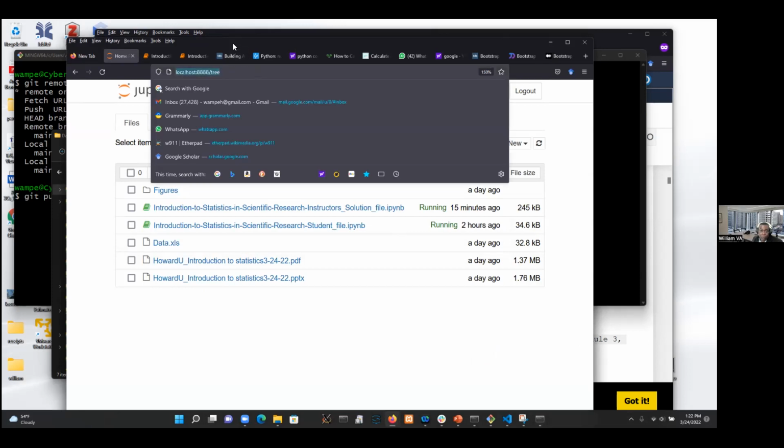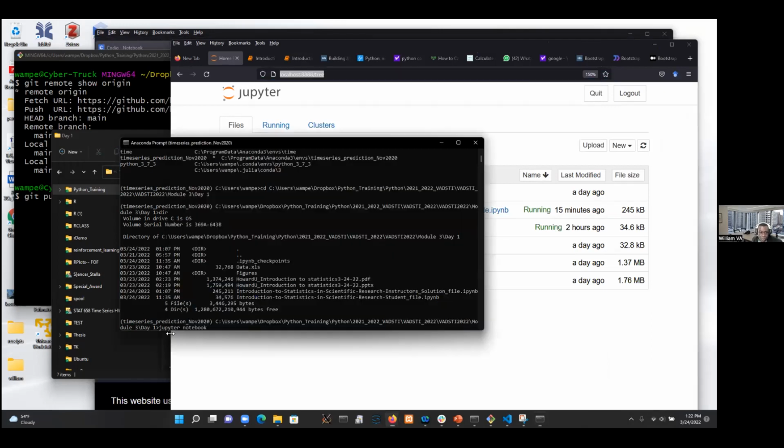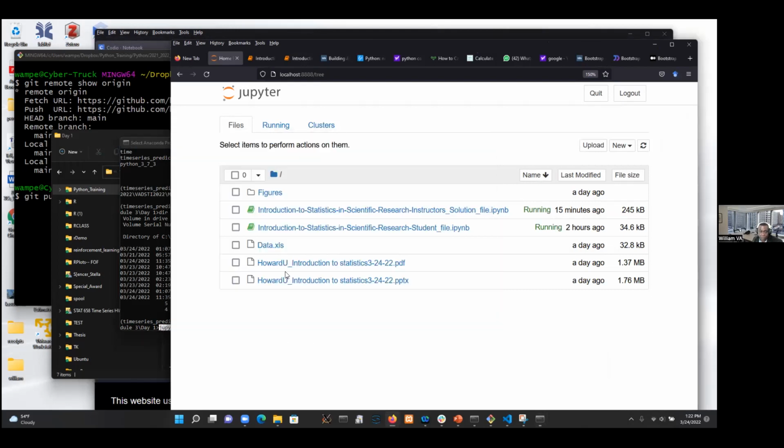Okay, so if your reference point is far away from where your file is, it's going to be a struggle. So I put my reference point close to where the file is and start my Jupyter notebook, so then I can see the files. Okay, and once you see the files, you click on the student file.